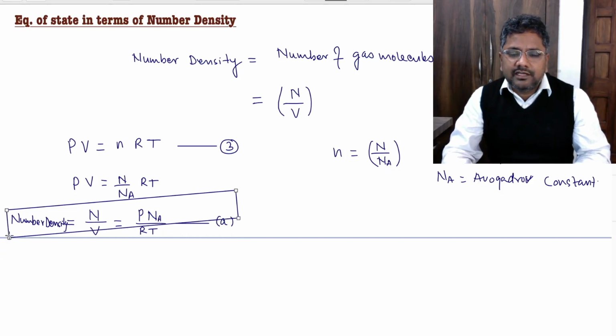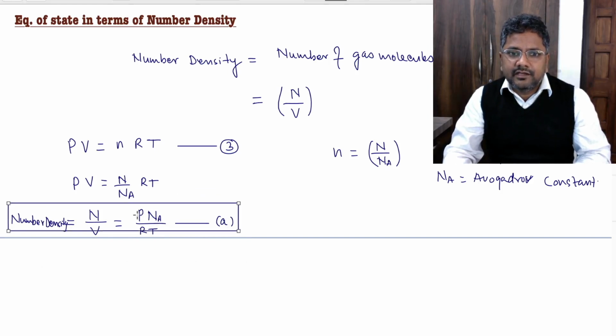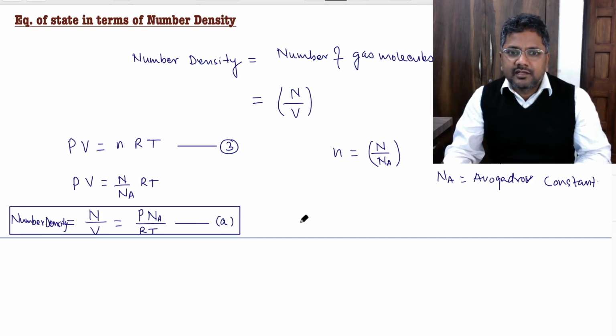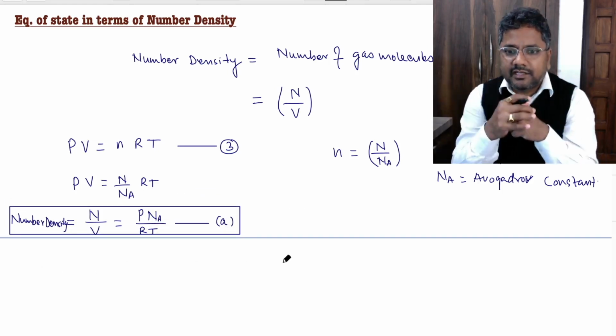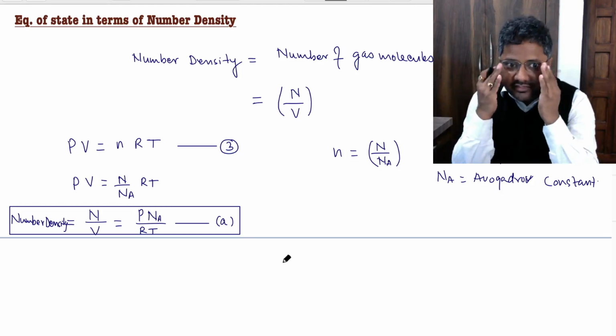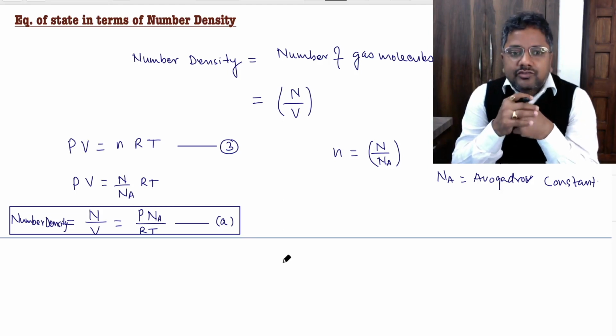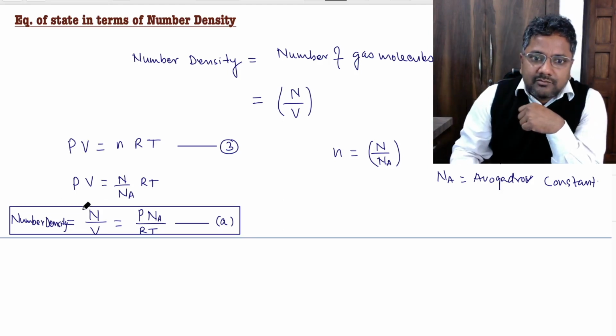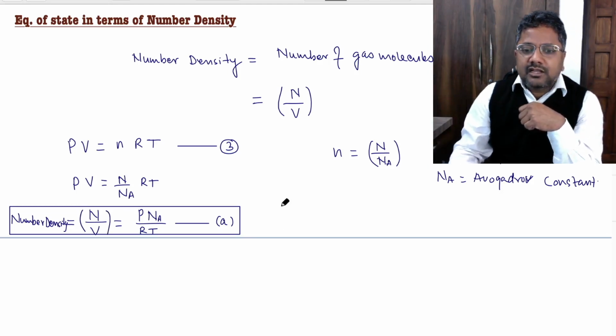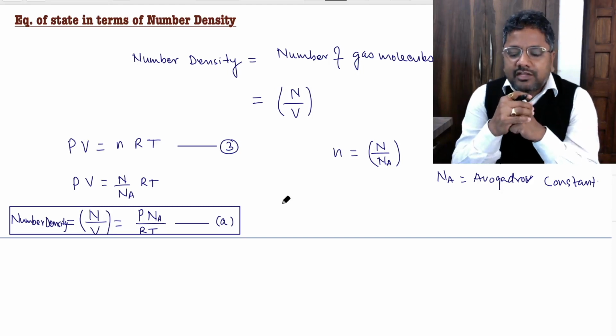In that case, this is a very important term. And in future, in chemical equilibrium and other chapters, this is very, very important. Even in the same chapter, we will use this term.